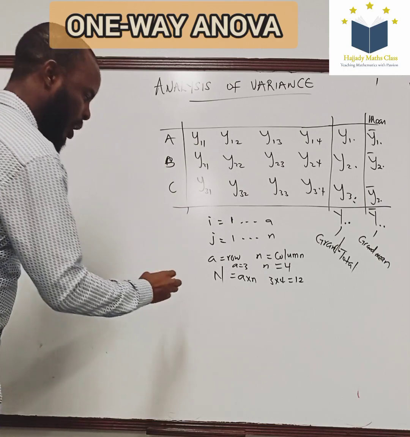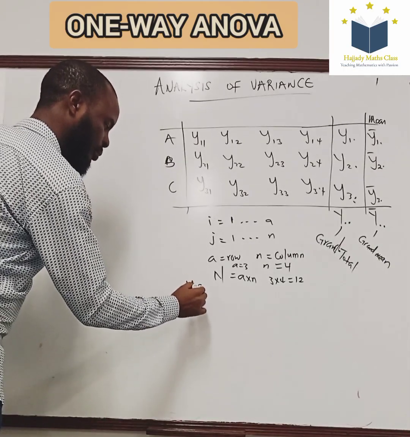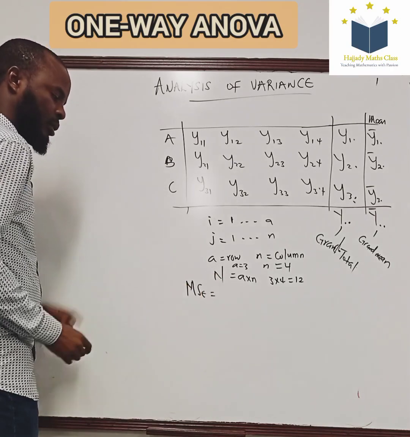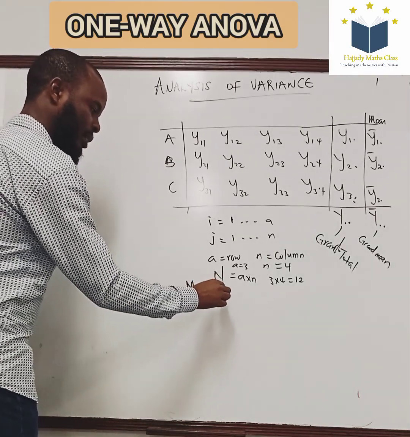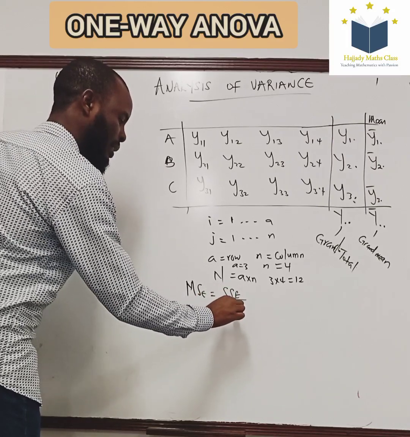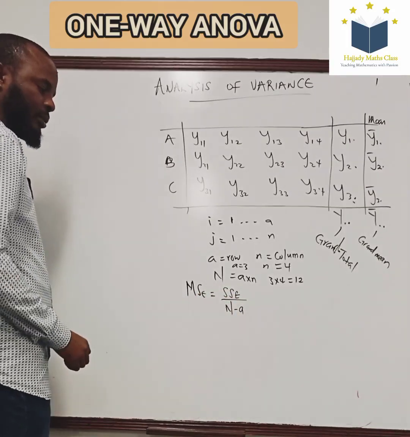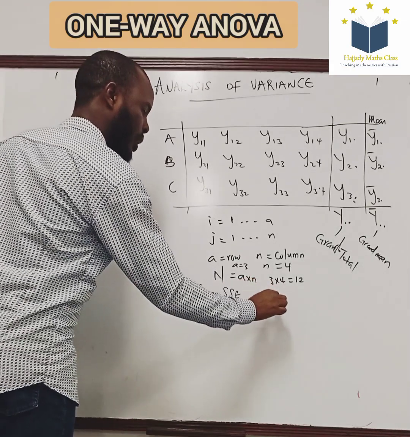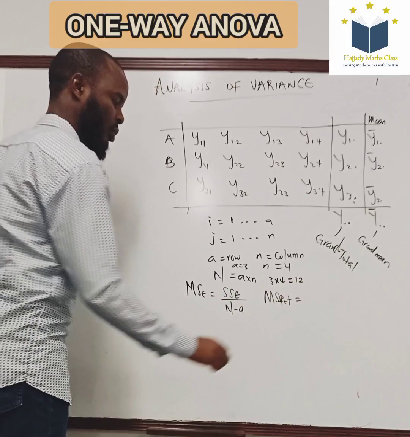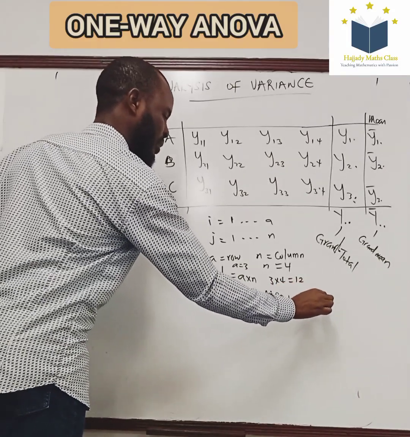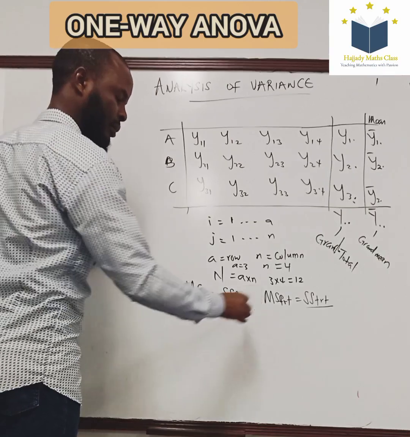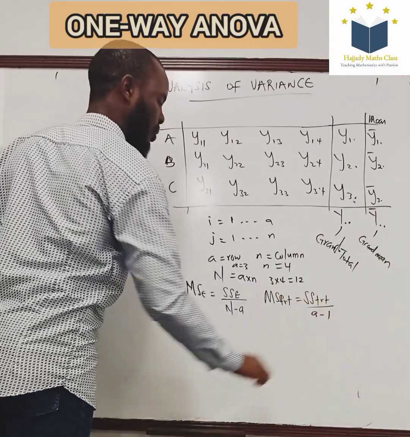So our mean square error is the same thing as SSE over N minus a, while my mean square treatment is SS treatment over a minus 1.